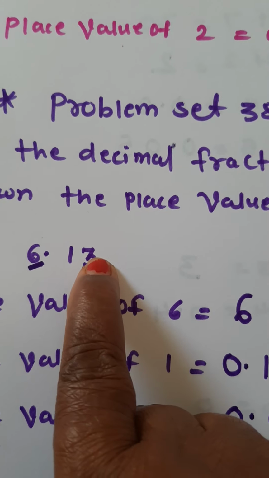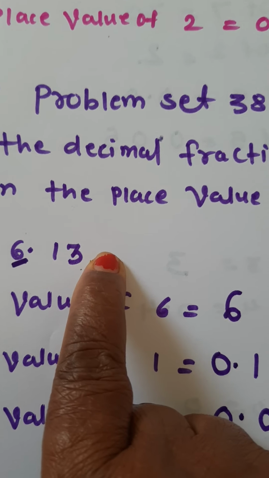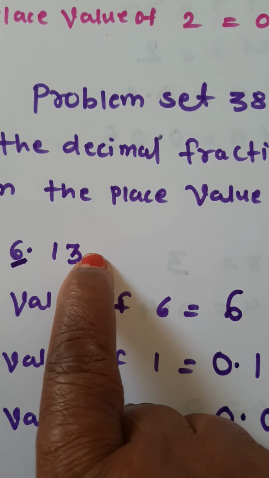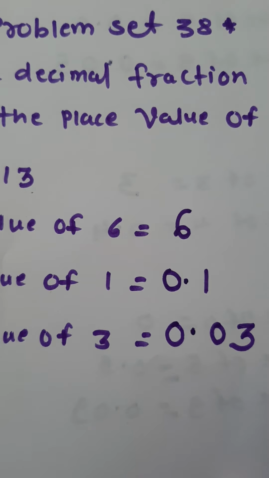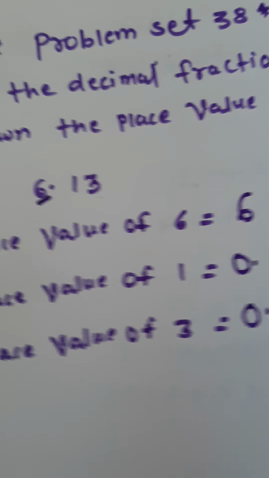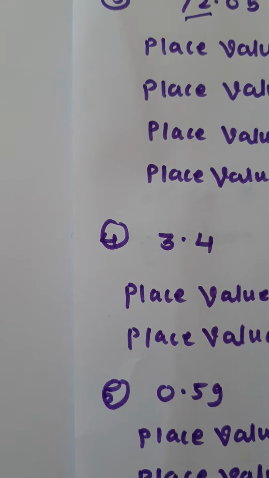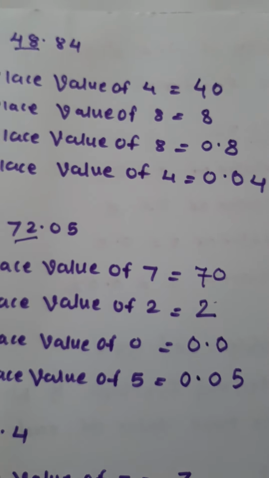And 3 is the second digit after the decimal point, means its place is hundredths. 3 upon 100 means its place value is 0.03. Like this we have to write the place values of the decimal fractions.